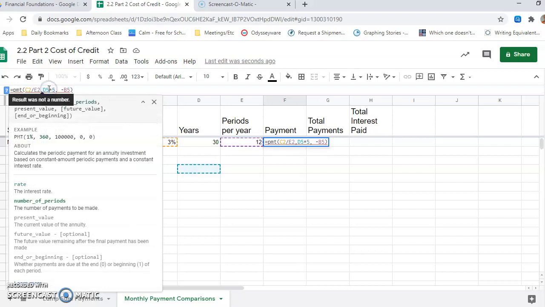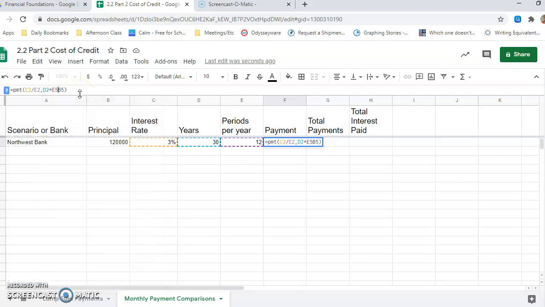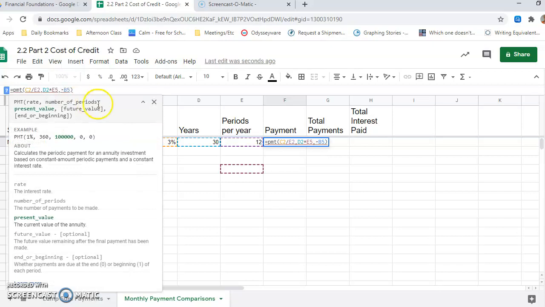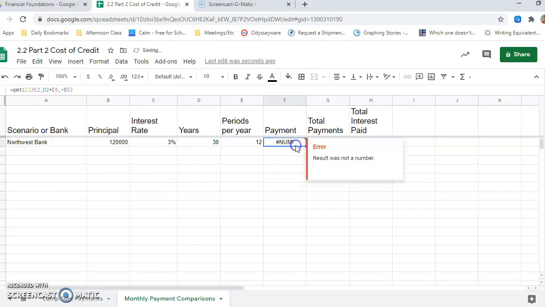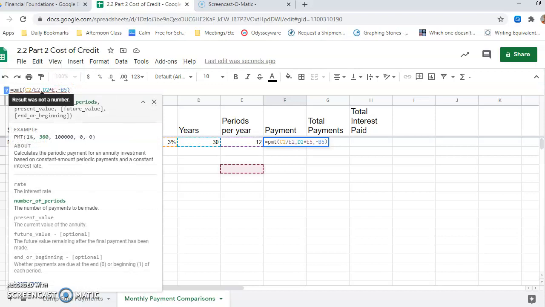So anyway, times 2, and this is also not times 5, it's times E5. And it does not like spaces in there. Comma, E negative. C2 divided by E2, comma, D2. I still left those as 5s. That's why.